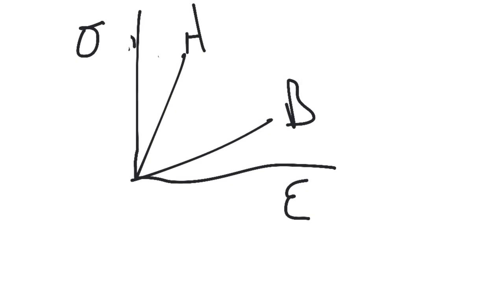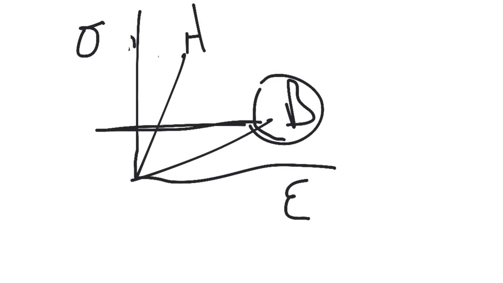Whereas B, for very little force and very little per unit area, gives you lots of extension. So that's going to be a very elastic material and not very stiff at all. So those are two very different materials. A, very stiff, B, not so stiff.